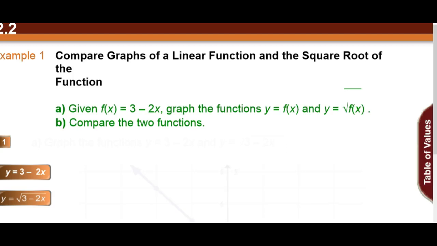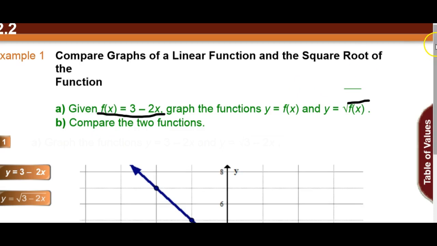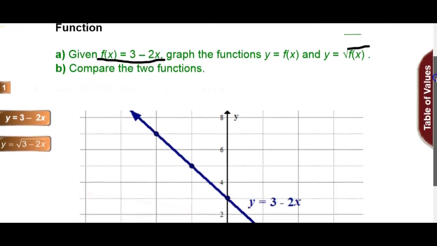Section 2.2, we're looking at comparing regular equations to root equations. So in this case, if we have our regular equation, what would it look like if we had the root of that equation? If we look at the graph, this is a linear equation.